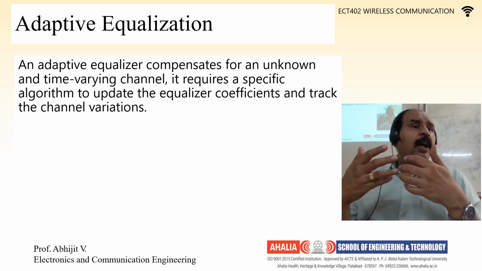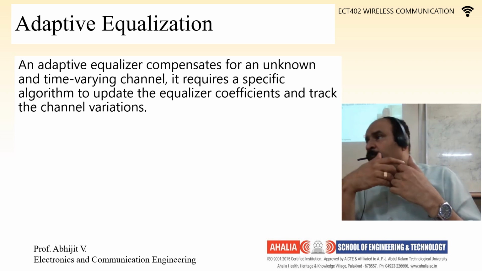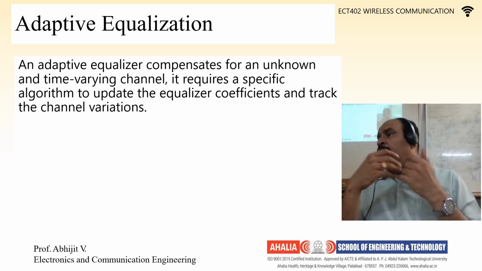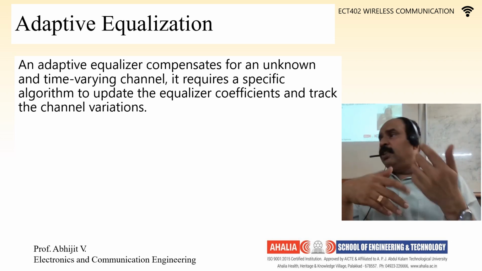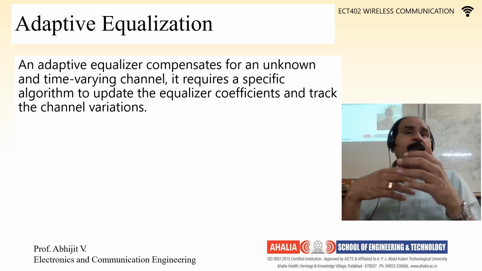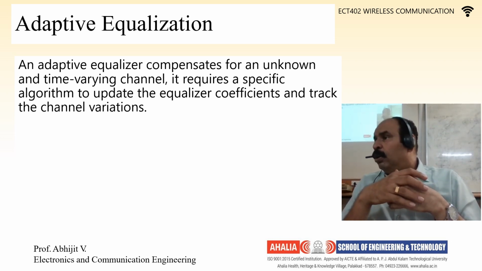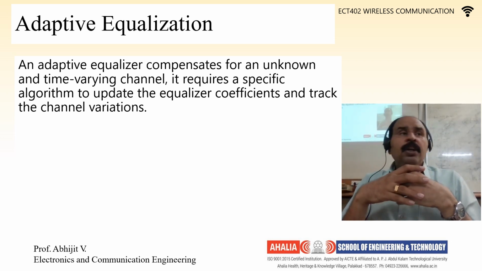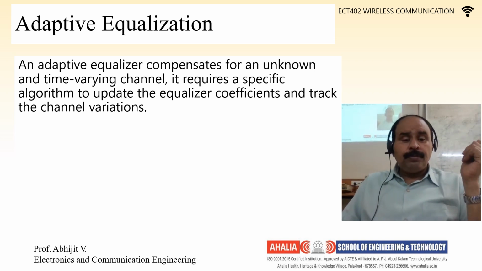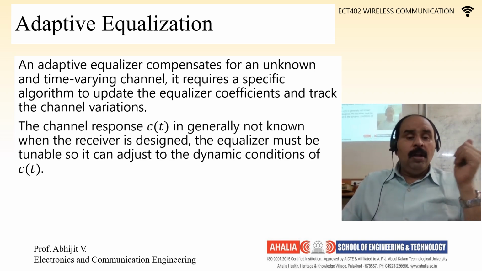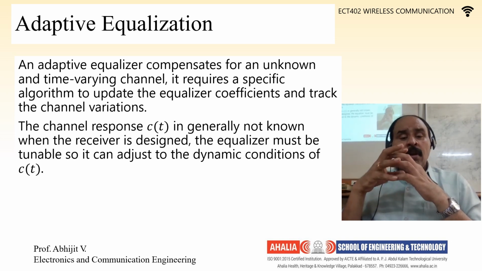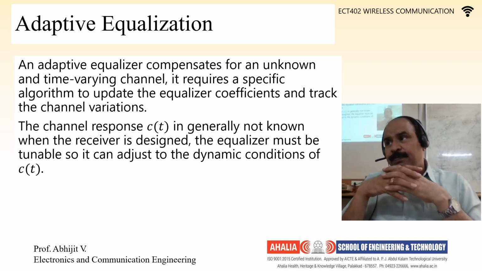We are assuming that C of t is the response of the channel, and when there is a change in the response of the channel, the equalizer is capable of adapting itself to a new set of coefficients. This is called adaptive equalization. The channel response C of t is generally not known when the receiver is designed.